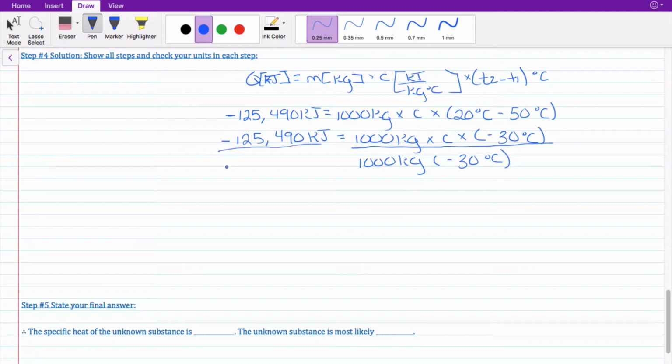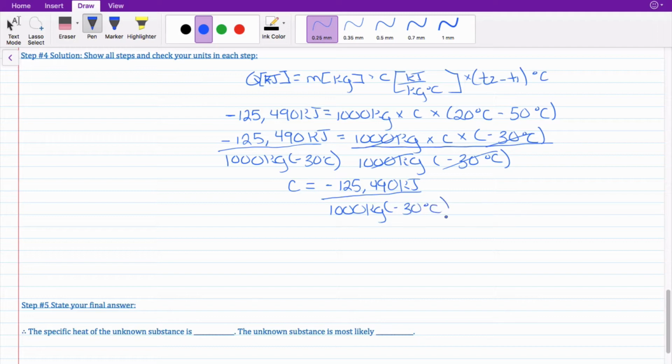So on this side, same thing, 1,000 kilograms times negative 30 C. Over here, you've got your numerator and denominator, these cross out, so you're left with C, your specific heat, equals negative 125,490 kilojoules over 1,000 kilograms times negative 30 degrees C. You multiply 1,000 kilograms by 30, that'll give you 30,000, and it'll be negative 30,000 because you have your negative.